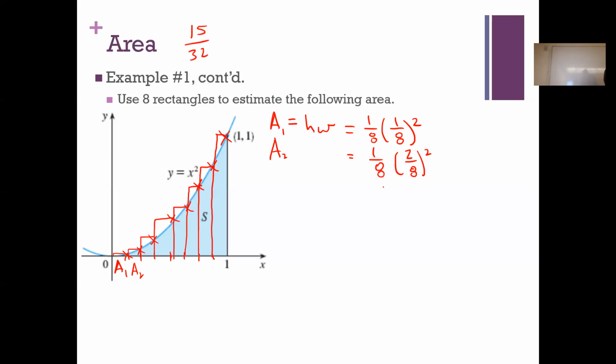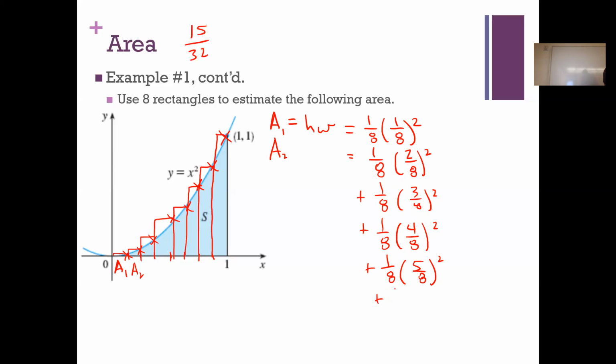So can I generalize this then? What are the next several of these going to look like? 1/8 times 3/8 squared. Right. So we said we're going to get a better estimate, but at what cost?